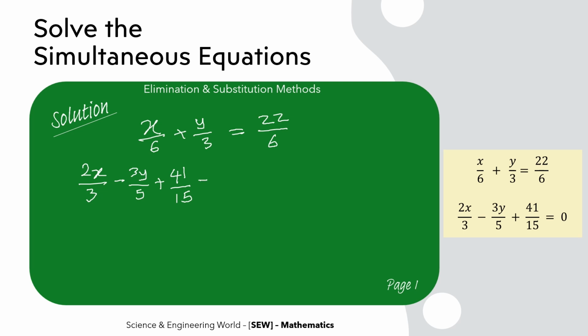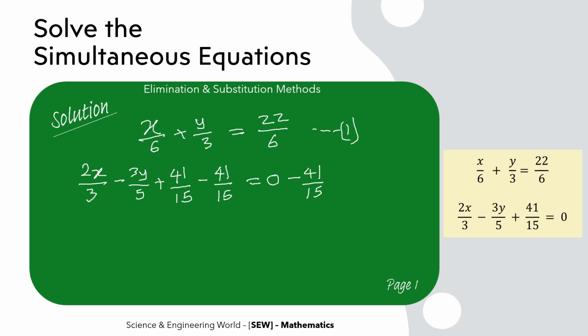So we take away 41 over 15. And because we are taking it away from this side, we need to take it away from this side as well. So minus 41 over 15. Now let's call this expression 1.